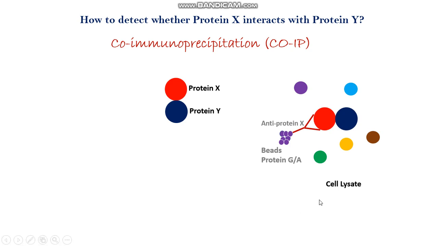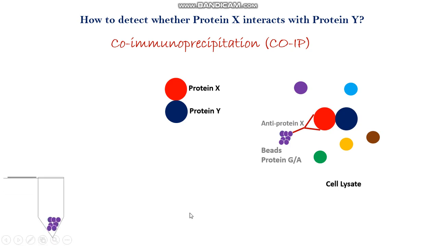So the beads can link with the antibody, and this antibody links with the target protein, and this target protein is linked with the other interacting proteins. Then you will get your target protein complex.